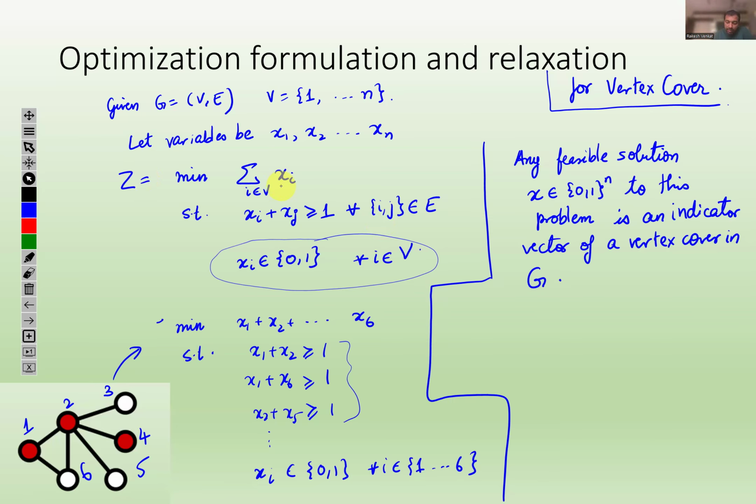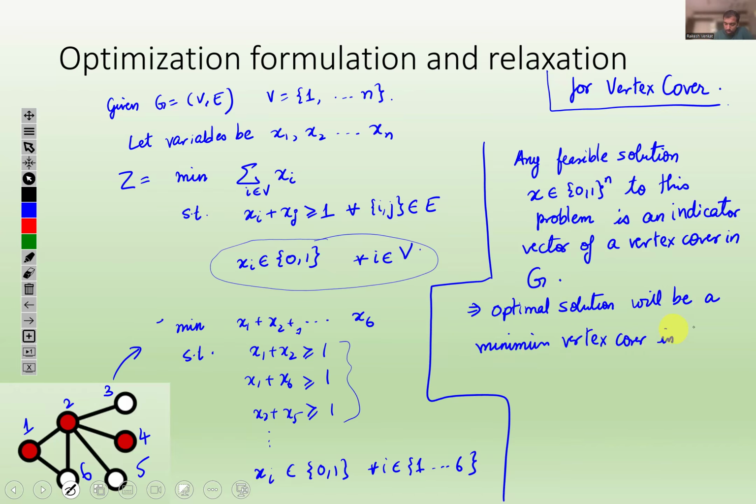And since I'm minimizing the size of the set that is chosen in the objective, summation xi will then denote the size of the set that is chosen. This implies the optimal solution will be a minimum vertex cover. Okay.